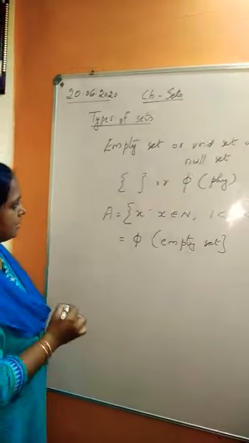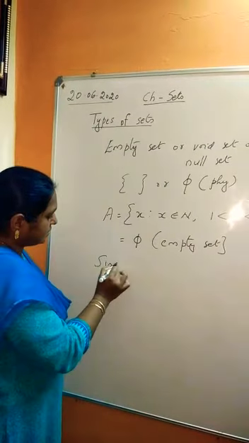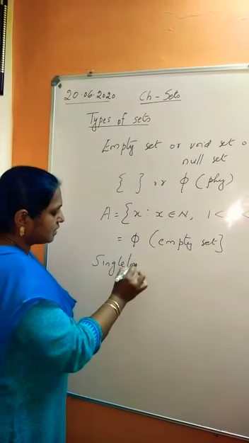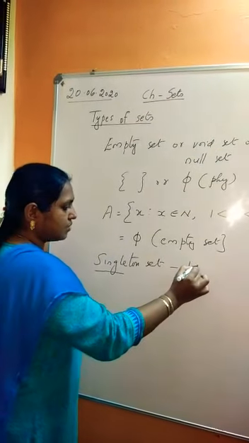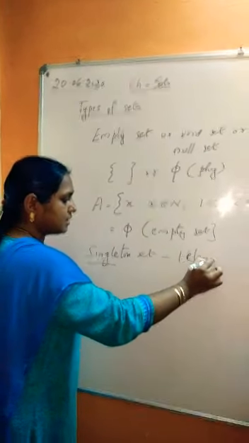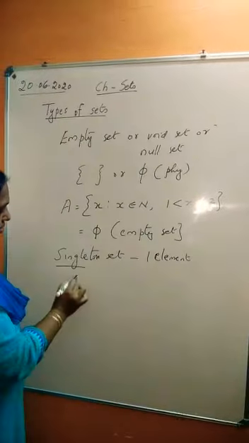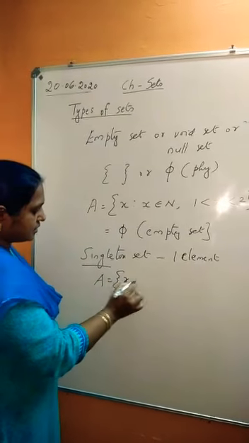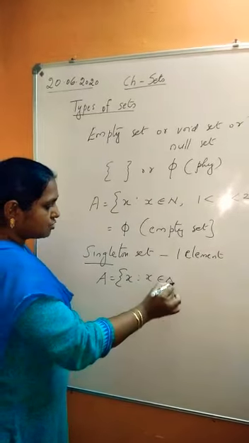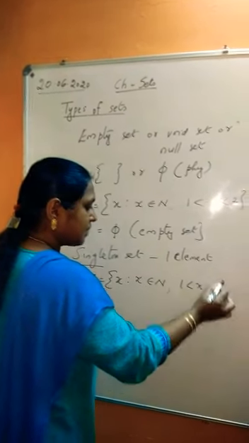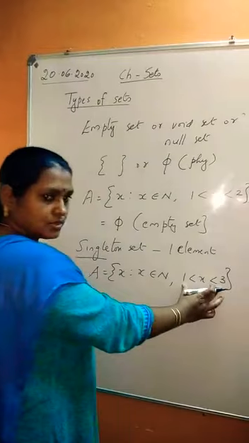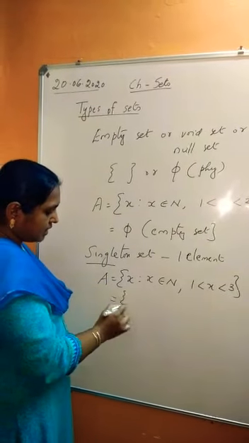Okay. Then the next type of set is the singleton set. Single means 1. So a singleton set means there will be only one element in that set. For example, A is equal to the set of all x such that x belongs to capital N and 1 less than x less than 3, I am changing this number to 3. Which is the only natural number lying between 1 and 3? It is 2.